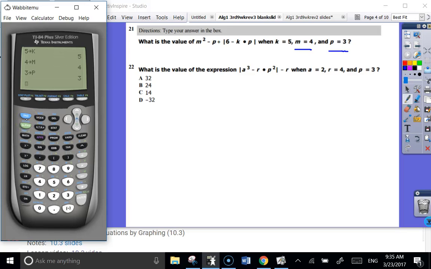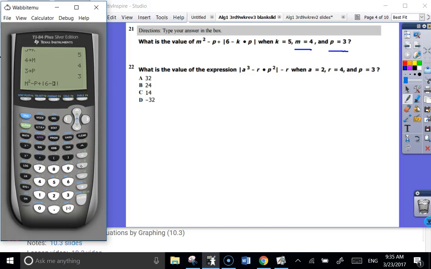Remind me where the m is. Divide. Okay. M squared minus alpha 8 for p plus, now I need the math num 1, and it brings up the absolute values, straight brackets, and now I've got to do 6 minus k times p. And you don't even need to do the times, you could just say kp, right?